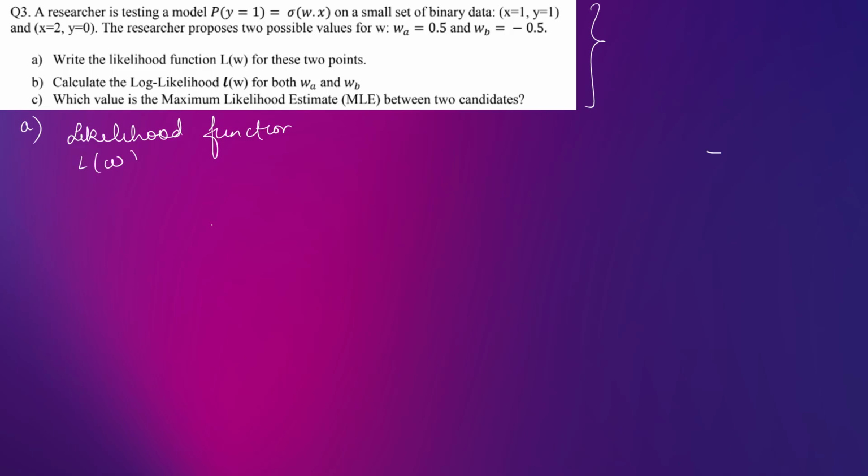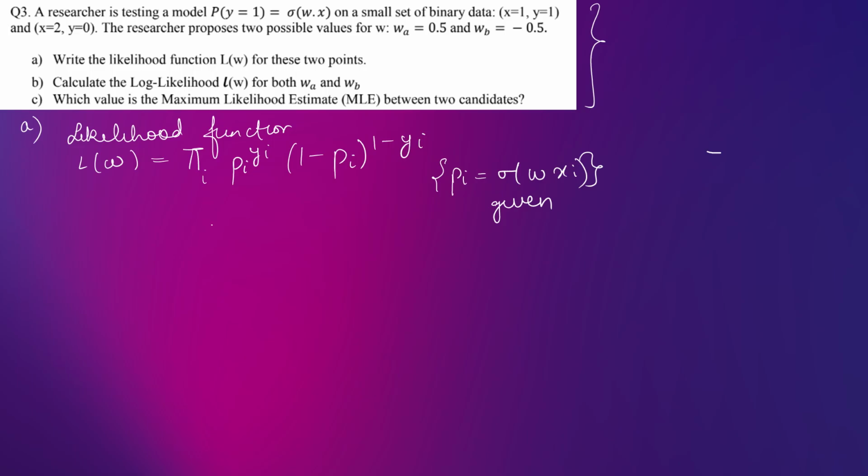The formula is L of W is equal to the product of pi to the power yi into 1 minus pi to the power 1 minus yi. Now here you are being given your pi as sigma of w xi.